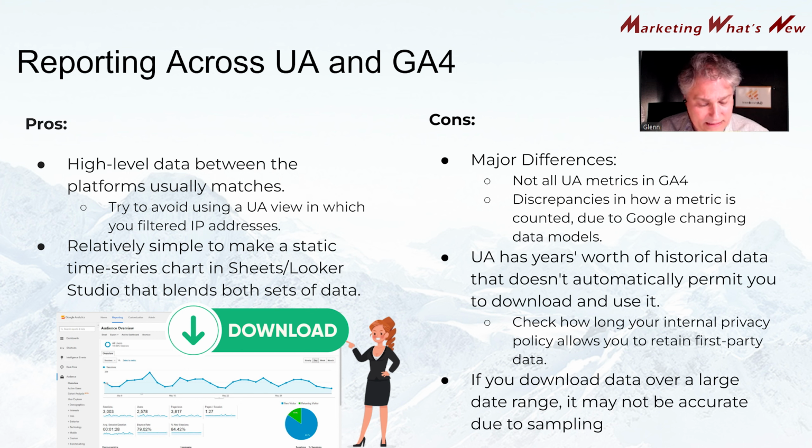And then the other item is you want to note that Google Analytics 4 may sometimes bring in sampling, and they'll tell you when they do, but that's there to protect their servers from huge requests on your part. And so you need to download this data and make sure that you check those things. But once you do, you ought to be able to, in something as simple as Google Sheets, get this to report something that you can show to your management team and board that lets them see how the website is doing over time, even though we're stepping from one system to another.